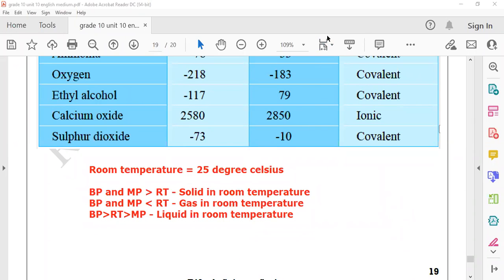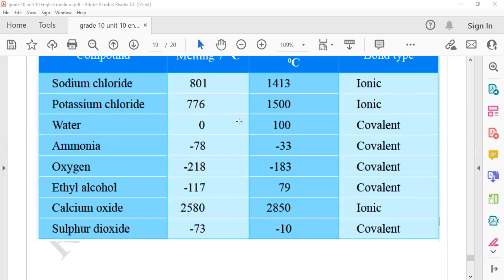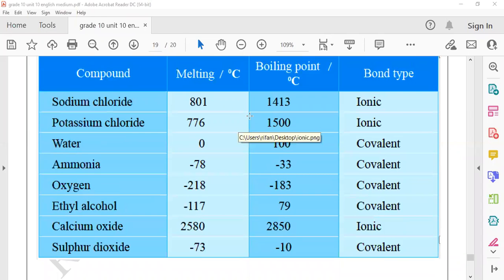Completed. Right. Yes, sir. So with this knowledge, let us handle this. Look at sodium chloride. Sodium chloride is an ionic compound. Melting point is 801 degrees Celsius. Boiling point is 1413 degrees Celsius. Looking at the boiling point and melting point, come to the decision: solid or liquid or gas at room temperature?